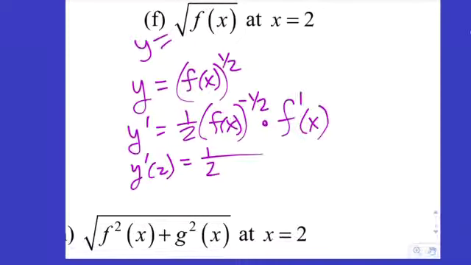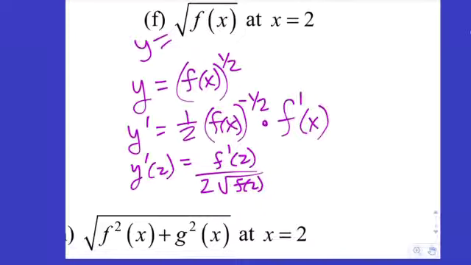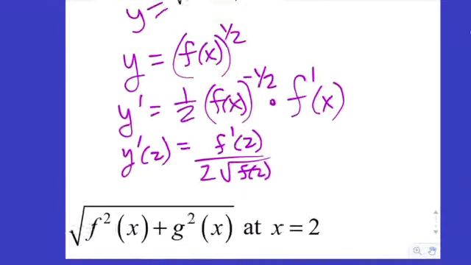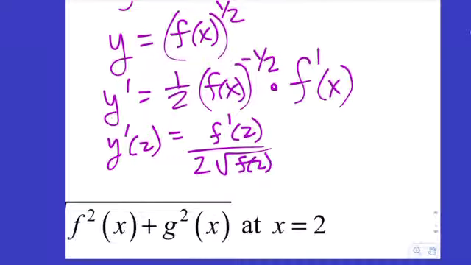I'm going to simplify. That's 1 over 2 square root of F of 2 times F prime of 2. Well, that's the same as doing F prime of 2 on the top. So remember, when you're evaluating, it's probably best to get rid of negative exponents and fractional exponents. And then you can plug in from the table.